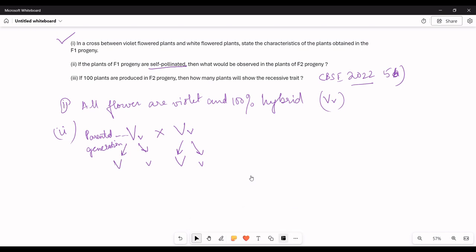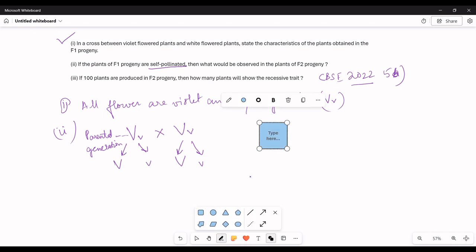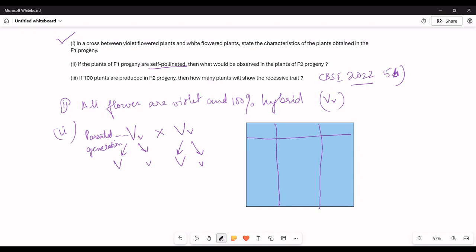Now let us draw the Punnett square. Whatever male and female, male, female. Then here we will put the gametes. So this one will be capital V capital V, capital V small v, capital V small v, small v small v.